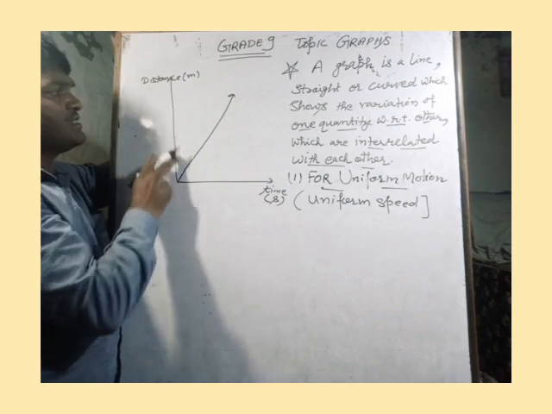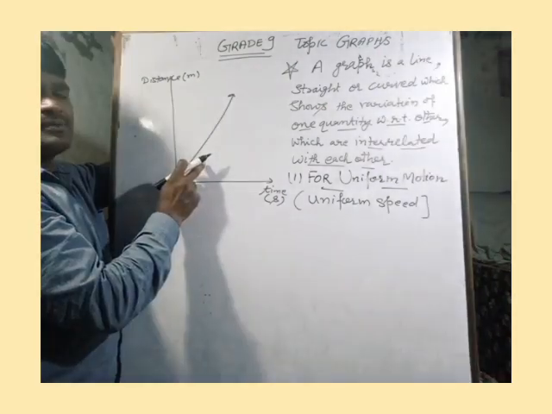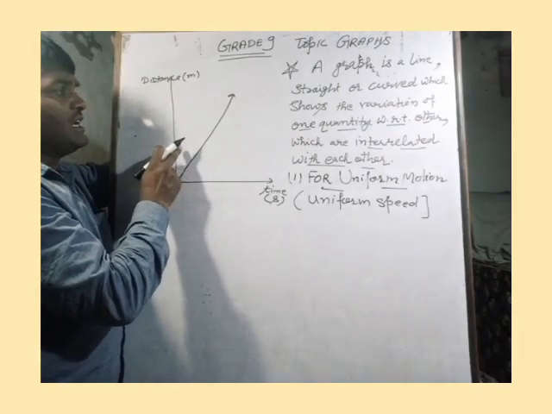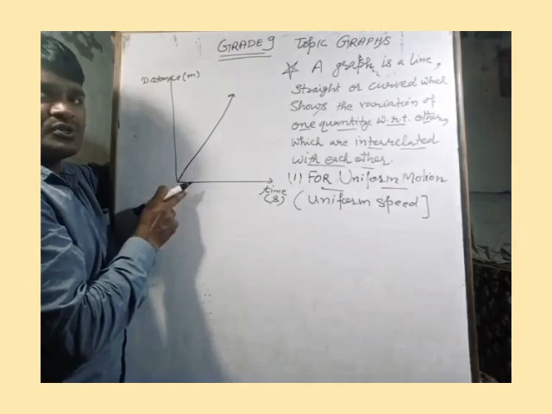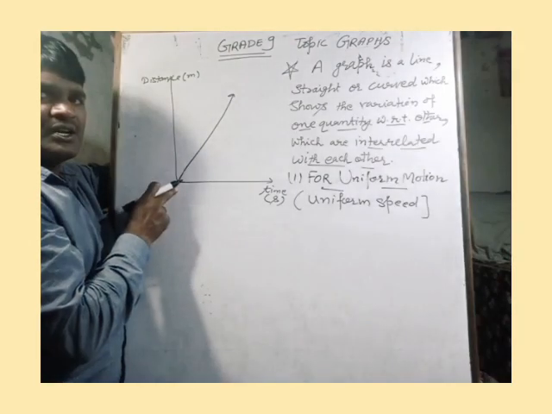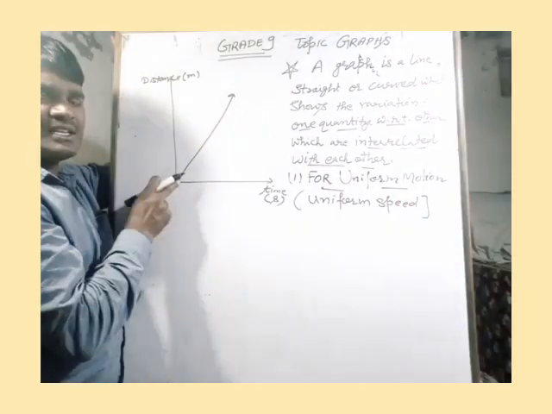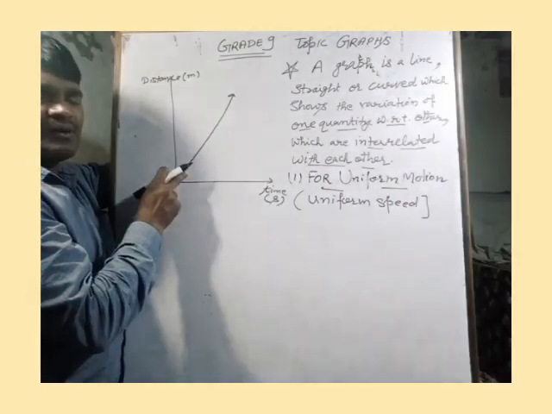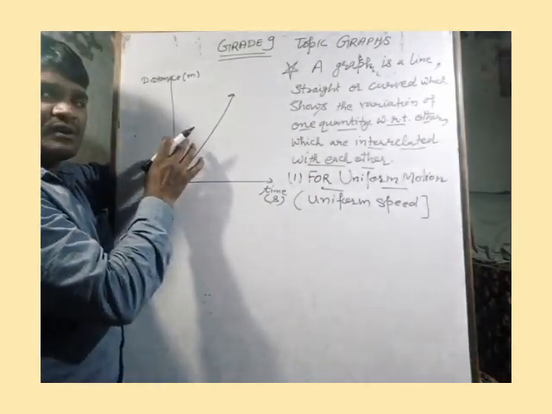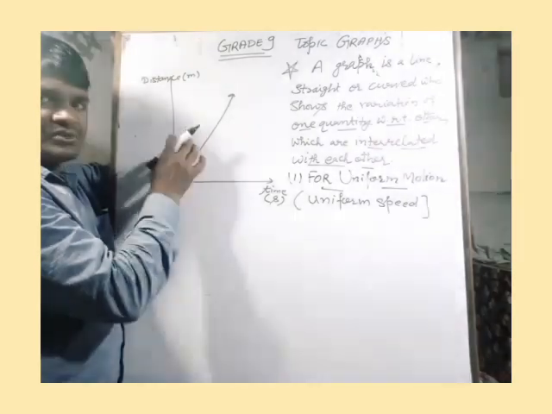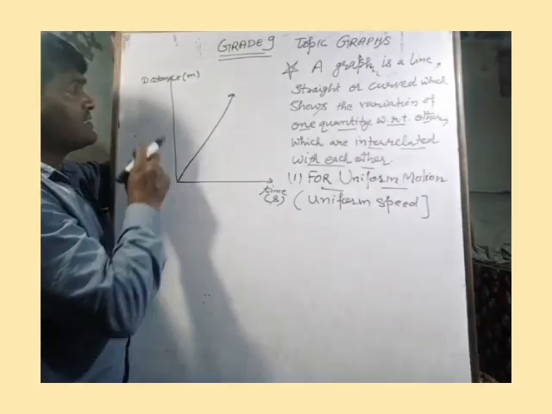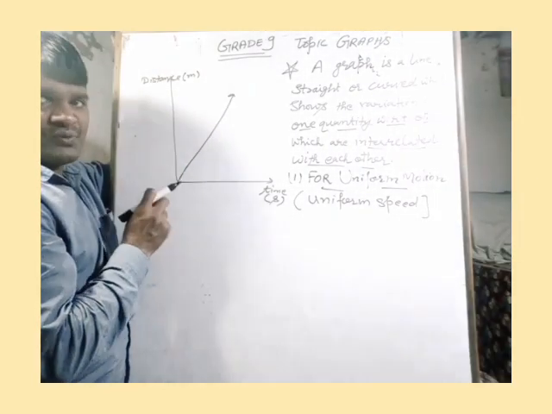If someone asks you what is the importance of this graph, you can say that it is made for uniform motion of an object, where the object is moving with uniform speed, or in other terms, equal distance is covered in equal intervals of time. This much information is contained inside that graph. So it was the distance time graph for uniform motion.